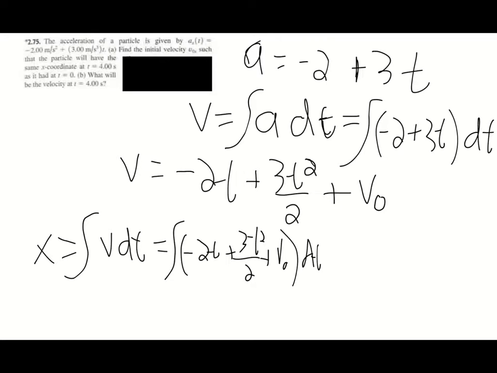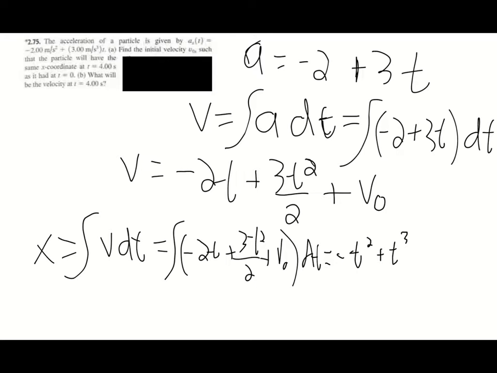Okay. And that's going to be -t squared. It's actually -2t squared over 2, but I divided those out. Plus t cubed.